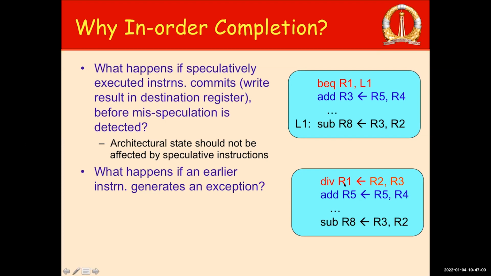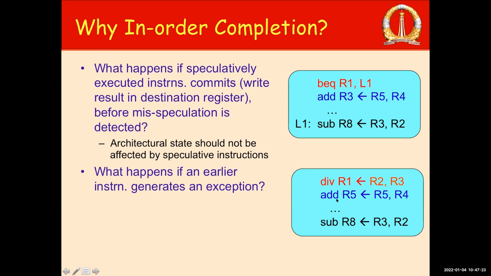If you allow it to modify the R5 value, and subsequently the divide instruction raises an exception, then after handling the exception, you have to re-execute the divide instruction, and then re-execute the add instruction and every other instruction. That would again cause complications because the R5 value was already modified.